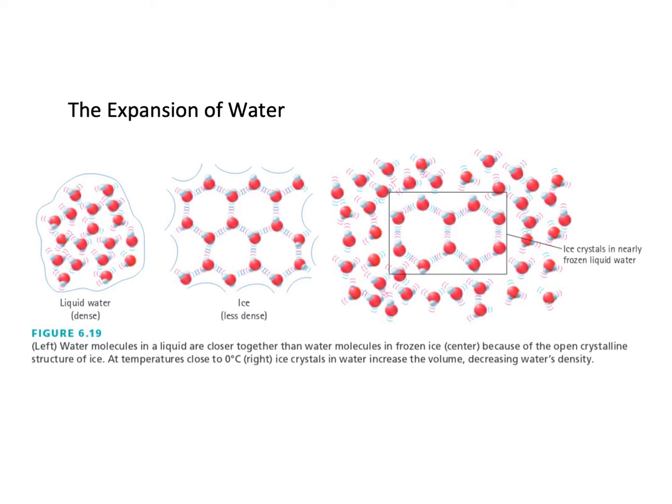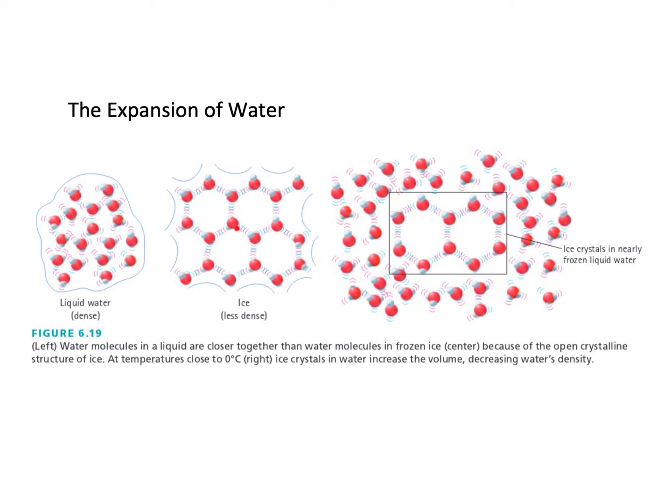And the reason for that is, here we have a picture showing water in the liquid state, and it's very dense. All the molecules of water, H2O, are vibrating back and forth, but they're all packed together. But as you cool it down, the bonds connect to make it a solid instead of a liquid, and the bonds connect in a way such that there's a lot of space in between the bonds.